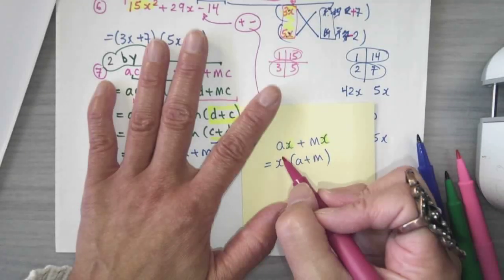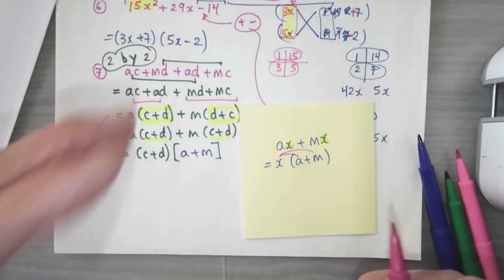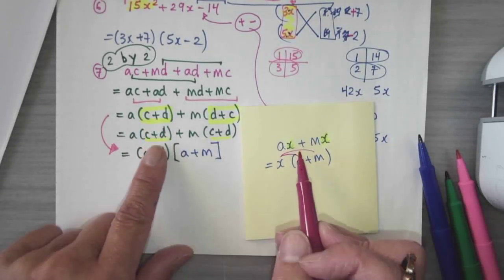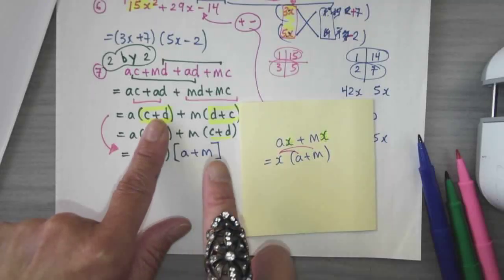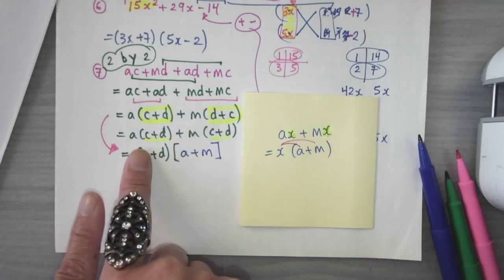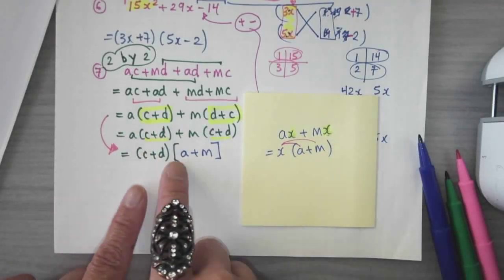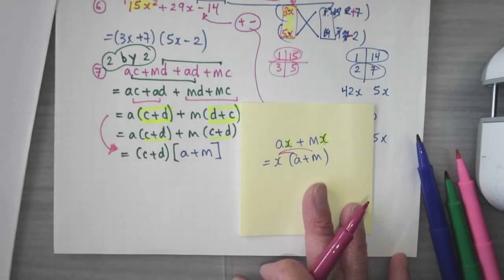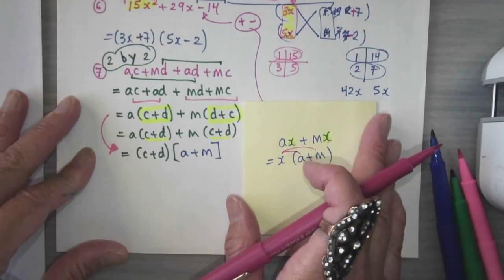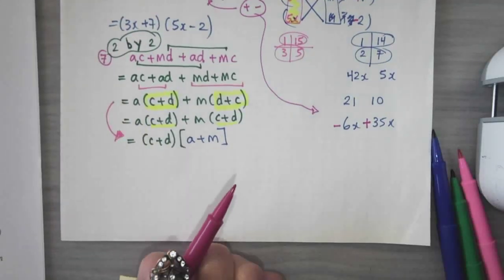And then you go, okay, I'm going to take out what's common once, and then I'm going to write what's left over. Because you know the check is that when you distribute, they would both get one back again. So it's the same thing here. The yellow is like the X. So with AX plus MX, I need to get rid of that, so I'm going to take it out one time and leave what's left over.